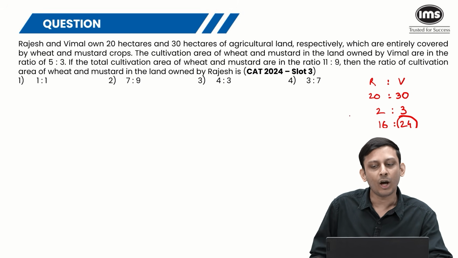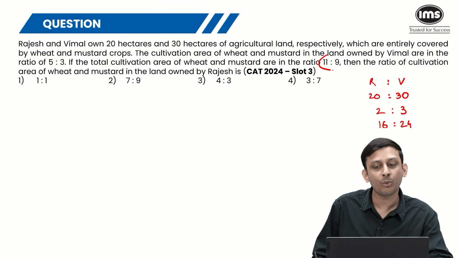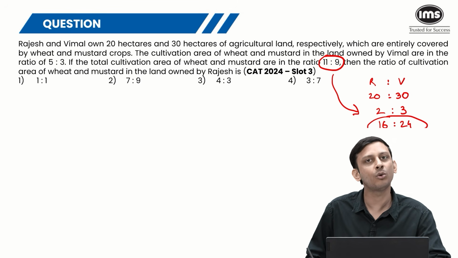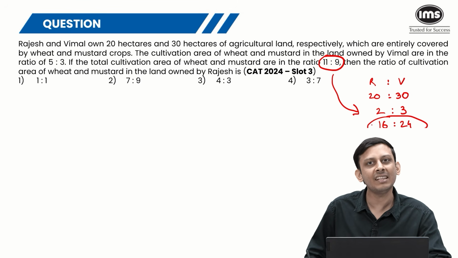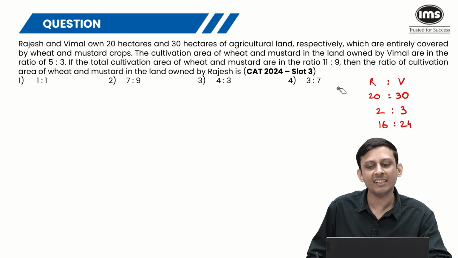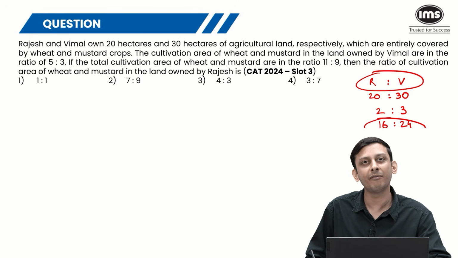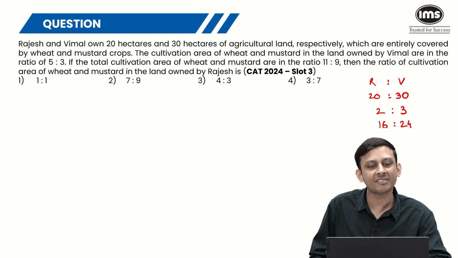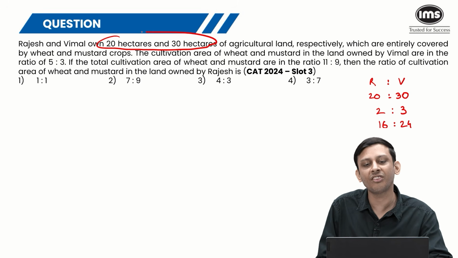And now if you look at the total, we need total 20 parts. And we can see that the total we are getting here, 16 plus 24, that is 40, which is a multiple of 20. 20 into 2. So this 40 we can easily split in the ratio 11:9. So we can see that these values, 16 and 24 for Rajesh and Vimal, will be very convenient. And again, we will still get the right answer because we are still using this relationship 20:30, 2:3.